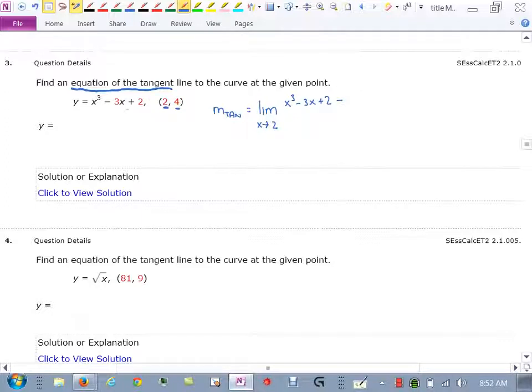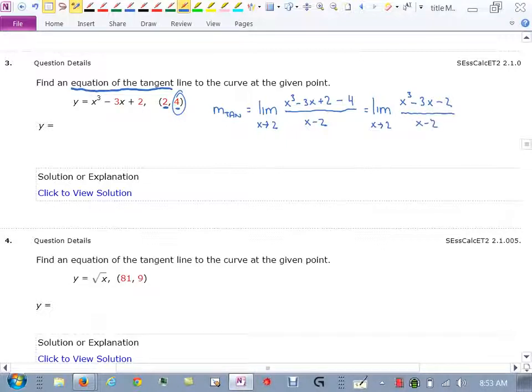Now, of course, if you plug 2 into this, we should get 4. So this should be 4, and then all over x minus 2. So what happens here is we get the limit as x approaches 2 of x cubed minus 3x minus 2, because you do 2 minus 4, all over x minus 2.